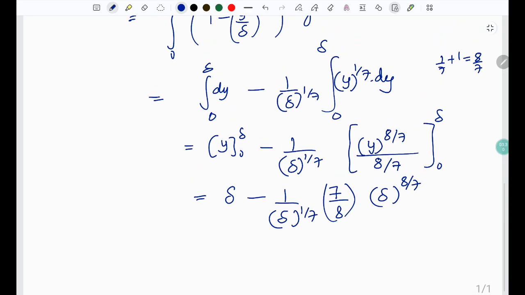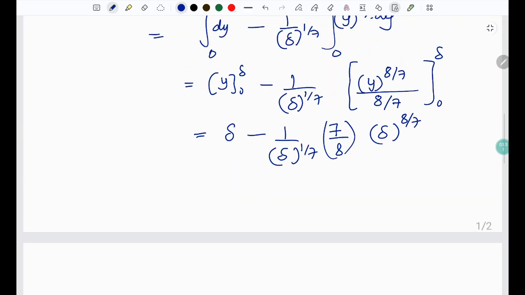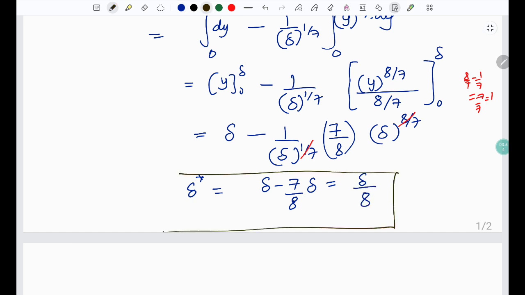Now delta to the power 8/7 over delta to the power 1/7 simply is delta to the power 7/7, so that is delta. Therefore displacement thickness delta star is delta minus 7/8 delta. That will come out to be delta by 8, which we often have to remember to save our time.